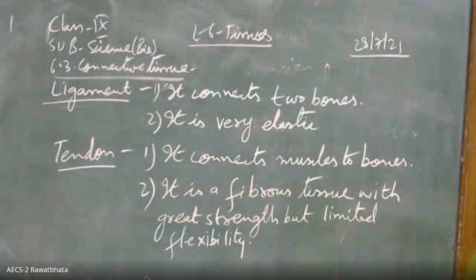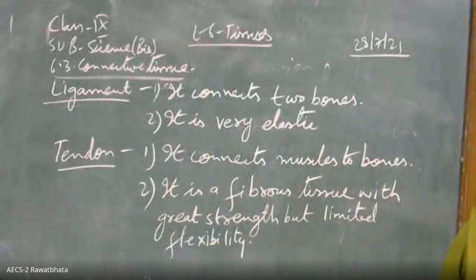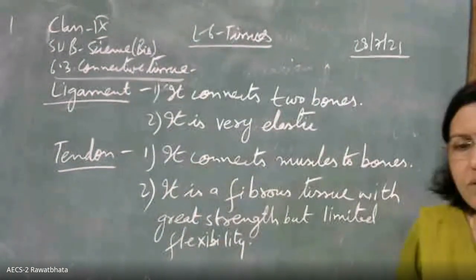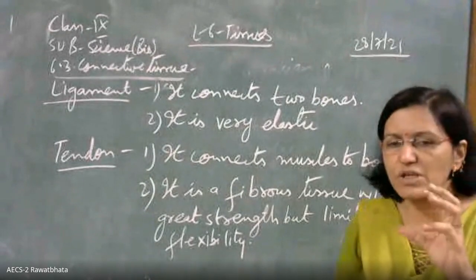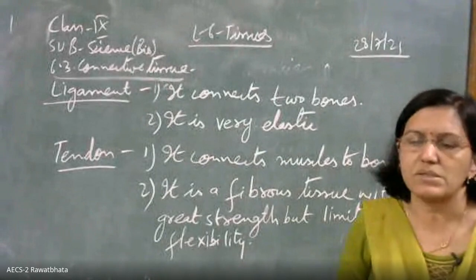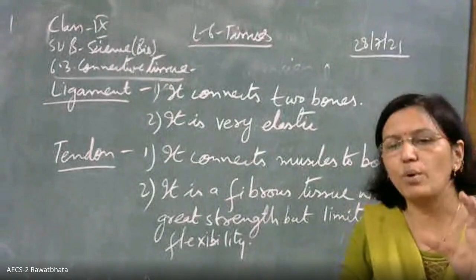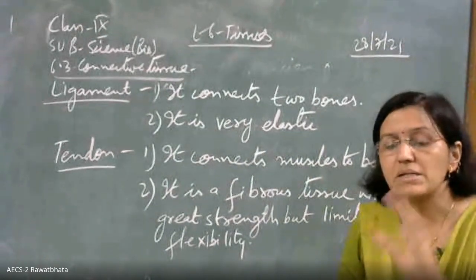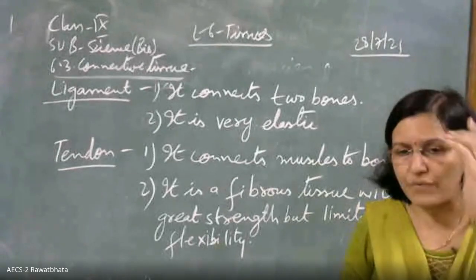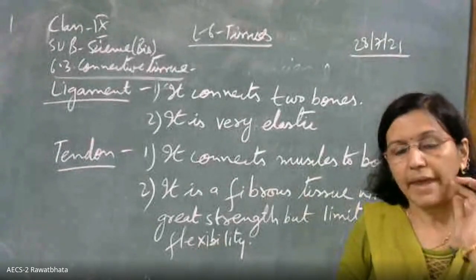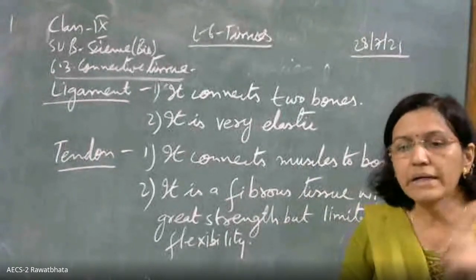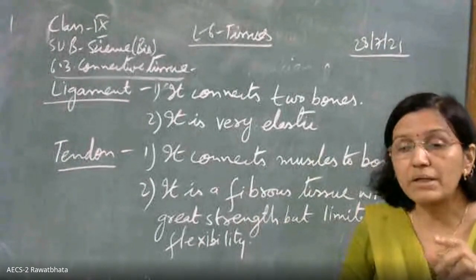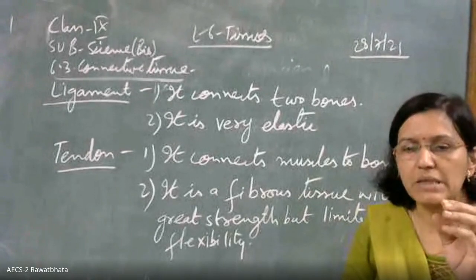As we all know that bones and cartilage, they have this solid matrix. But the major difference between the matrix in both the cases, in case of bones, the matrix is calcium phosphate, and in case of cartilage, the matrix is made up of proteins and sugars.